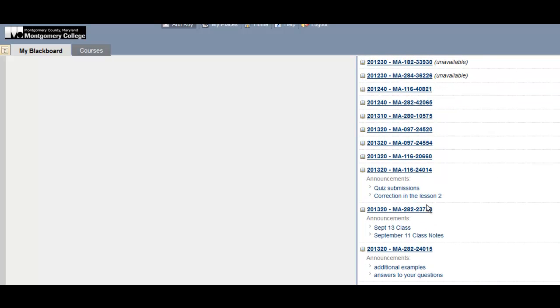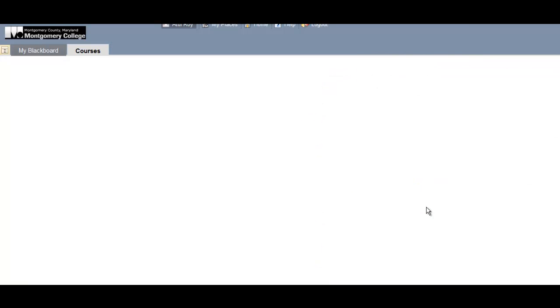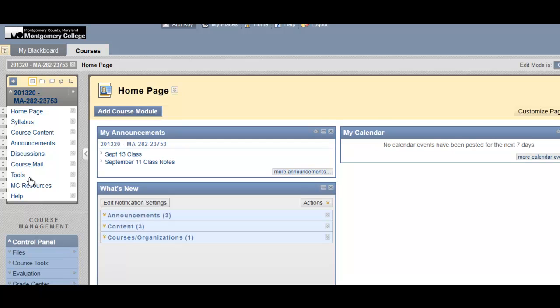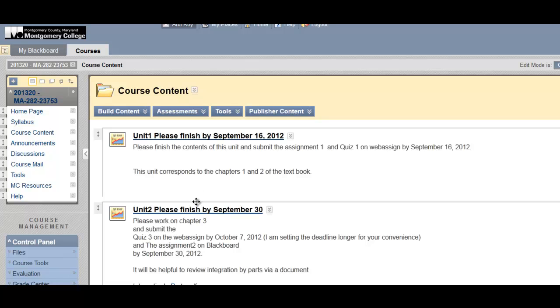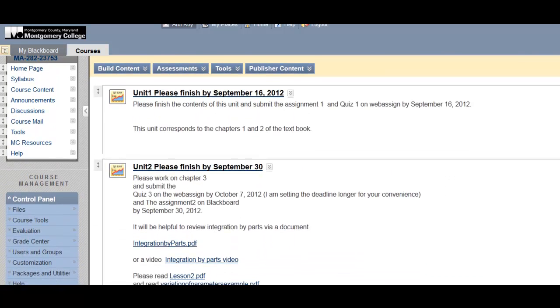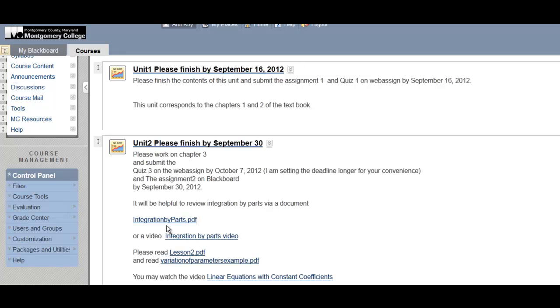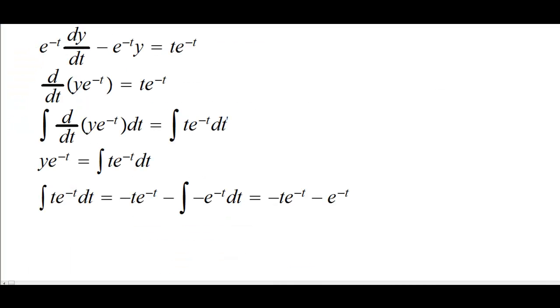Right here. If you go into unit 3, everybody fine on this? I have posted a short lesson on reviewing integration by parts, and also a video to review it in case you forgot. Or if you remember it, you don't have to worry about either of those two.